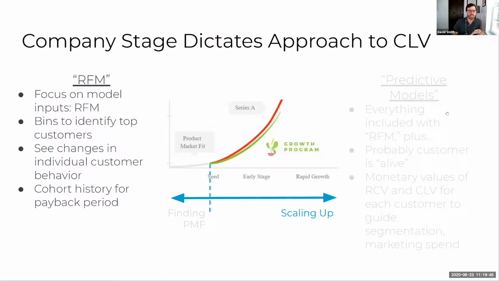We're just going to focus on the inputs to the predictive model, which are the R, F, and the M. We're going to use bins for each of those classifications to identify the top customers. We'll be able to see changes in individual customer behavior, and we can look at cohort histories for the payback period.